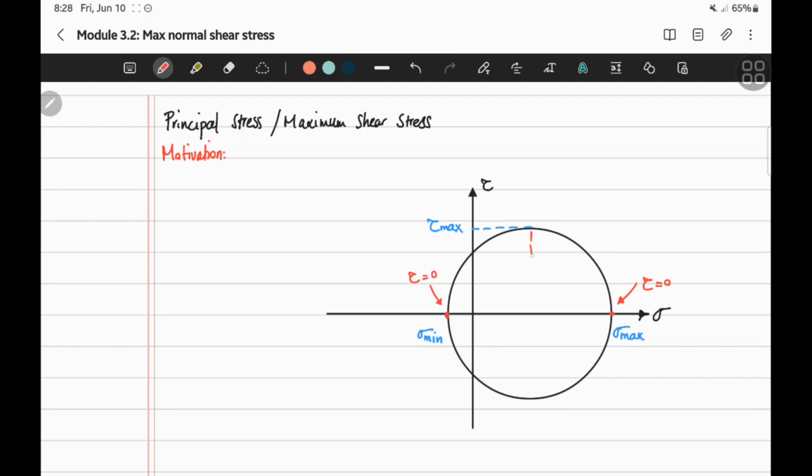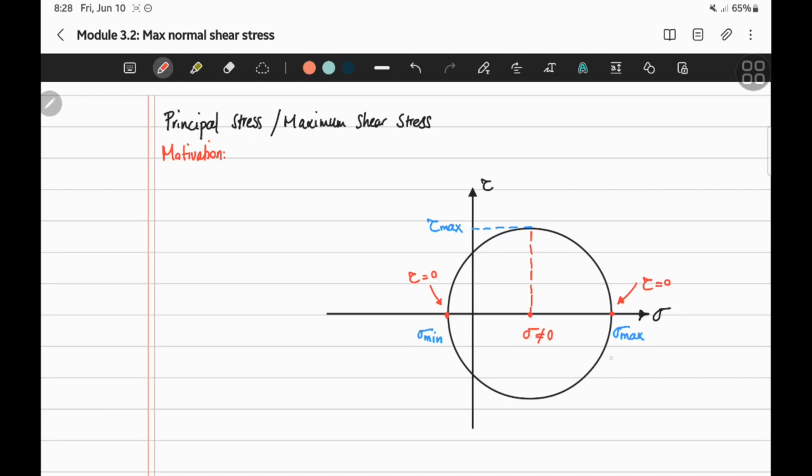However, if we find the corresponding normal stress for the maximum shear stress, it is not equal to 0.